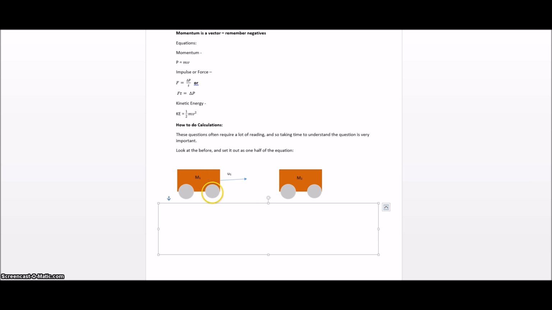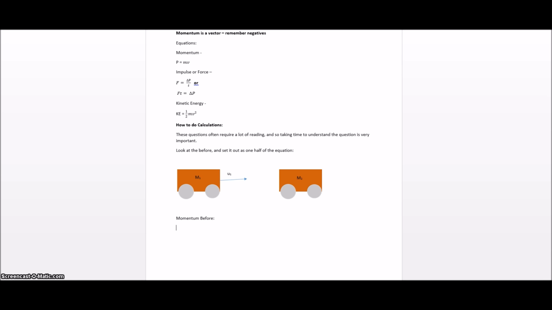This would be a before diagram. So we have the mass m1 of the first object with some speed u traveling to collide with the second object with mass m2. We'll look at the momentum before, and we've got to remember the momentum before is equal to the momentum afterwards.